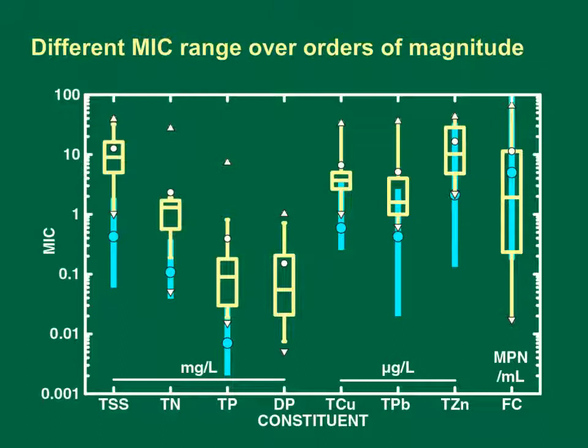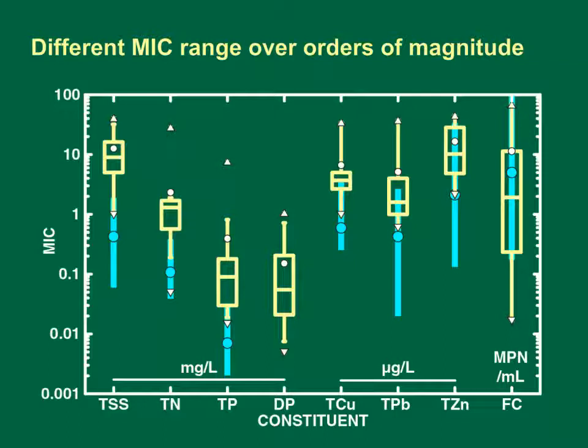The horizontal axis shows the water quality constituents and associated concentration units. TSS is total suspended solids, TN is total nitrogen, TP is total phosphorus, DP is dissolved phosphorus, TCU is total copper, TPB is total lead, TZN is total zinc, FC is fecal coliforms, MPN is most probable number.